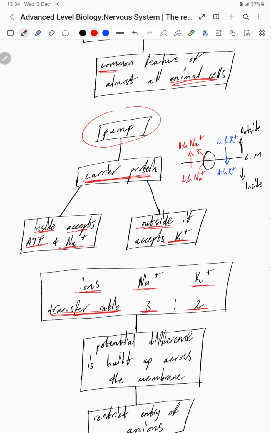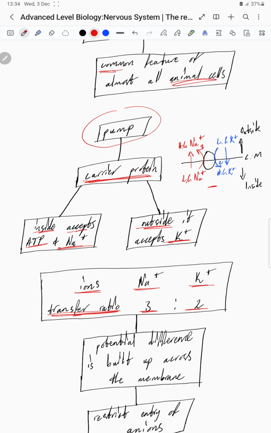And their ratio is 3:2. That means at every moment 3 sodiums go out and 2 potassium come in. So if you look at it, there's already a difference, because 3 are going out and 2 are going in. That means the inside of the cell is going to be negative.